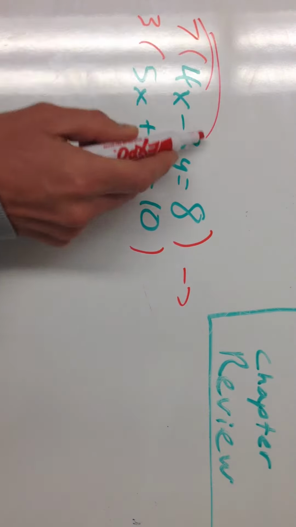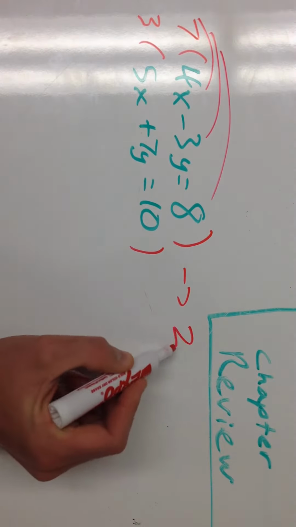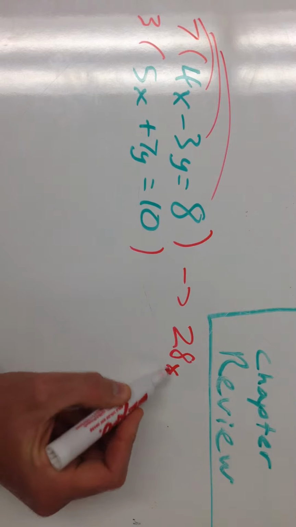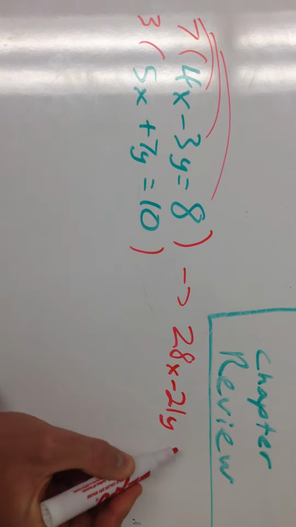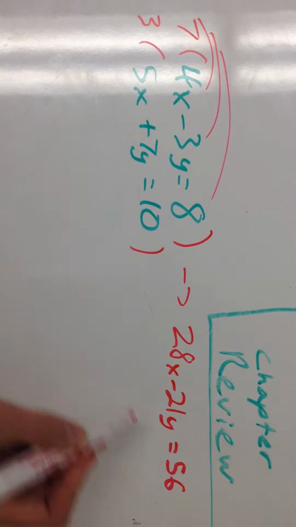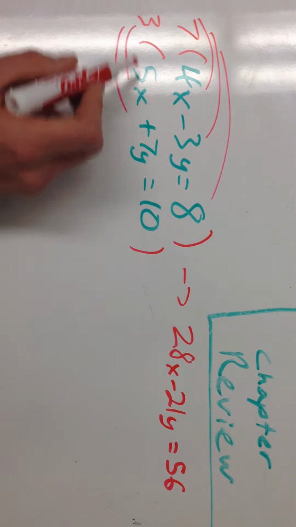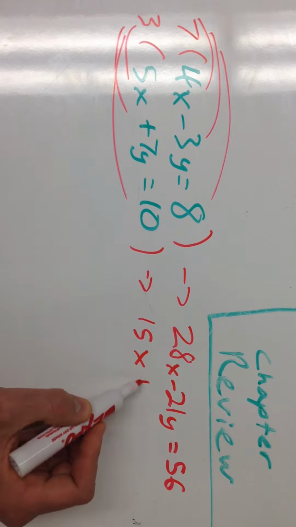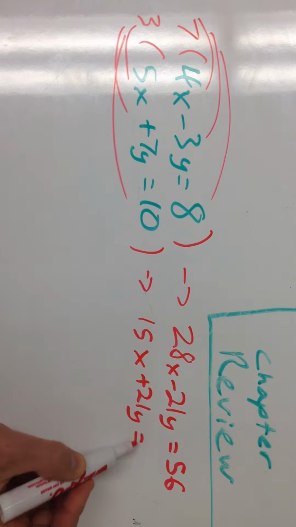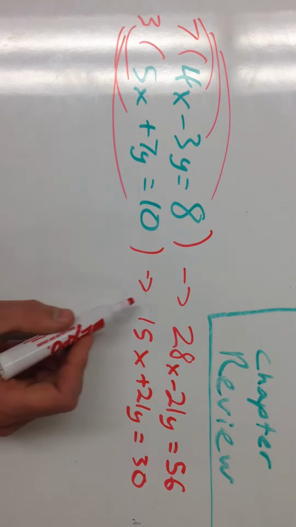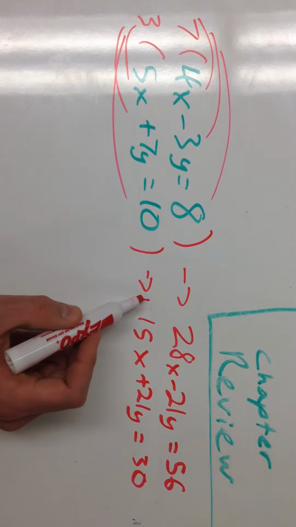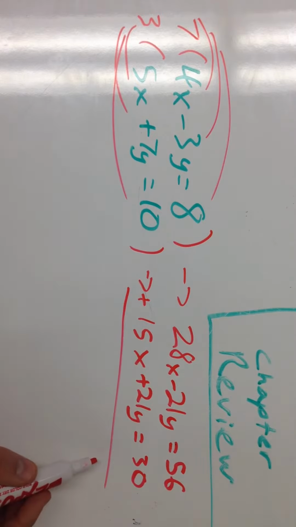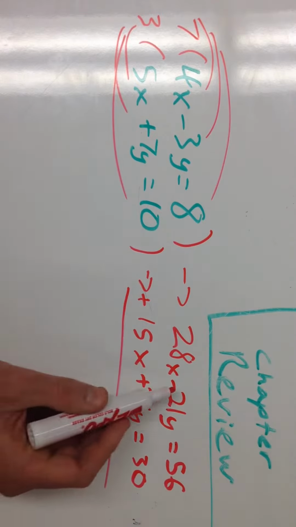Just be super careful. You multiply everything by 7. So the top equation becomes 28x minus 21y equals 56. And my bottom equation, if I multiply everything by 3, becomes 15x plus 21y equals 30. So when I add these two together, I'm going to get 86.